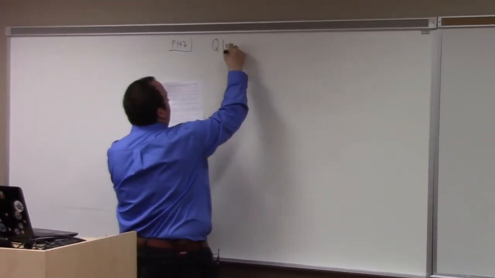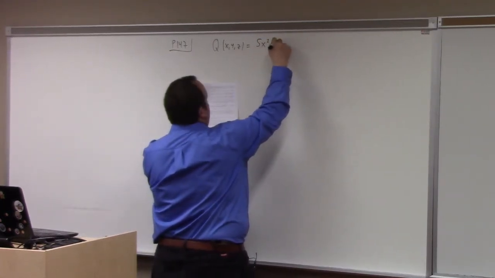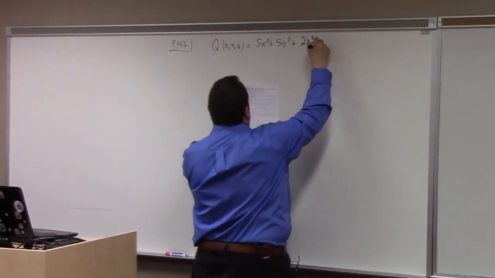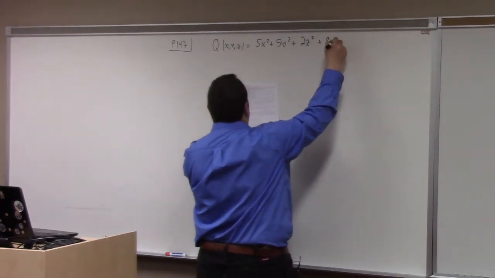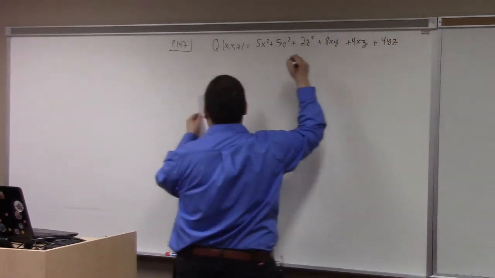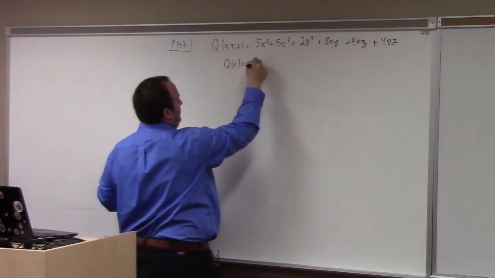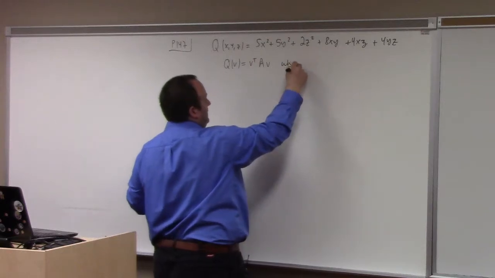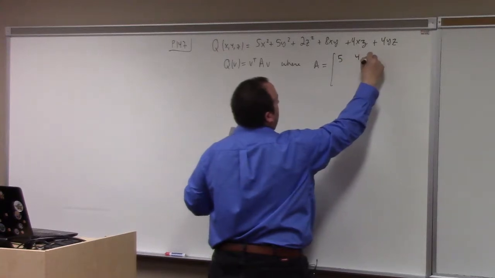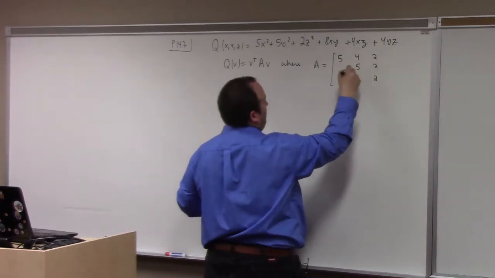Q of x, y, z. And we've got 5x squared plus 5y squared plus 2z squared plus 8xy plus 4xz plus 4yz. All right, so Q of v is v transpose Av, where A equals, so we've got ourselves a 5, 4, 2, 4, 5, 2, 2, 2, 2, and symmetric.